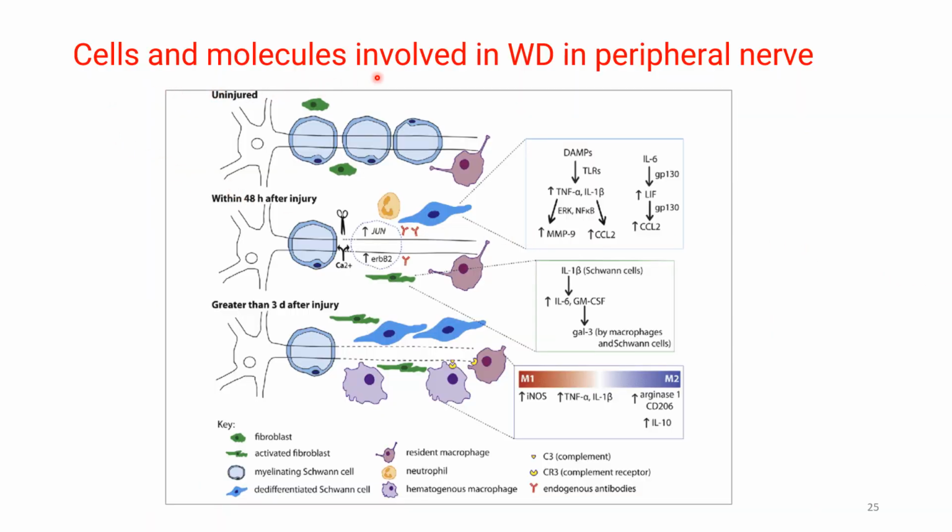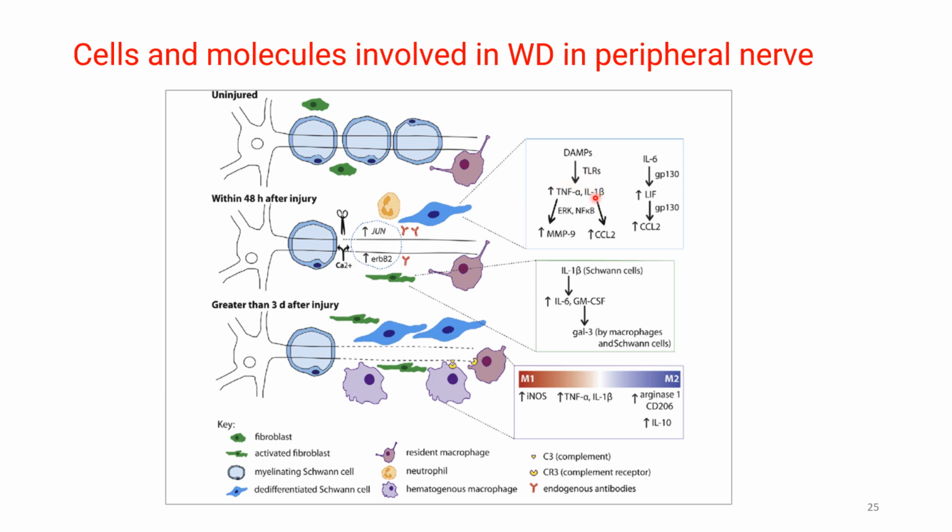So what are the cells and molecules which are involved in Wallerian degeneration in peripheral nerve? See, this is uninjured. Now within 48 hours of injury, after 2 to 3 days of injury, what happens here? This is a dedifferentiated Schwann cell. After injury within 48 hours, our Schwann cell will be dedifferentiated and it will express some factors, DAMPs.